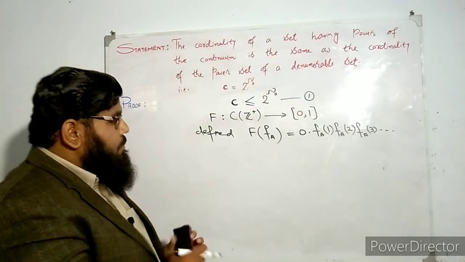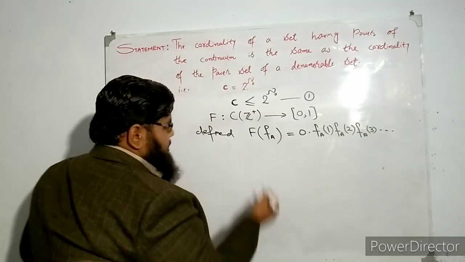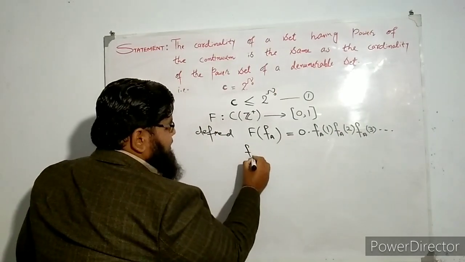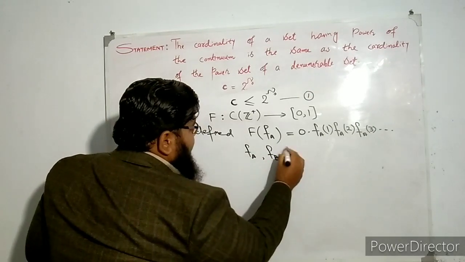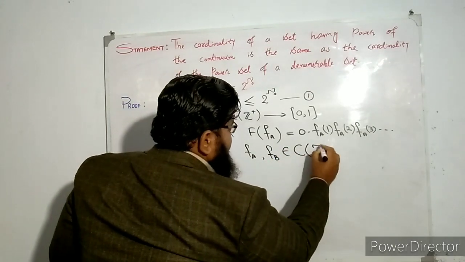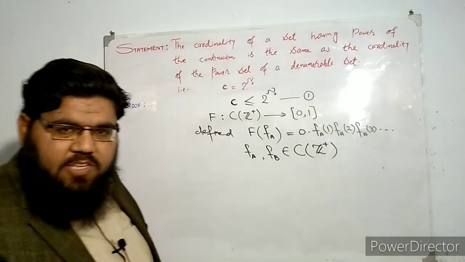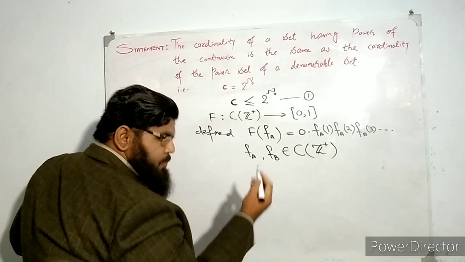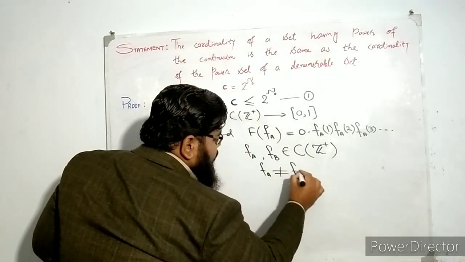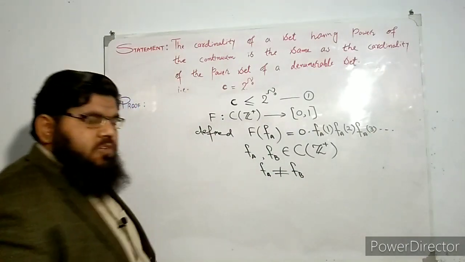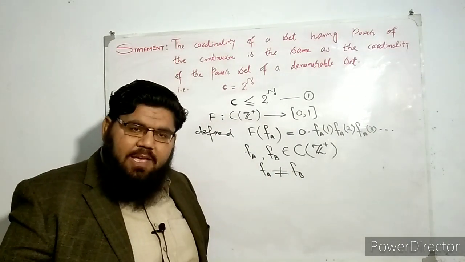Now if you take any two characteristic functions, let's say one of them is fa and the other is fb, any two characteristic functions from this class of characteristic functions defined over the set of positive integers, and we suppose that fa is not equal to fb.